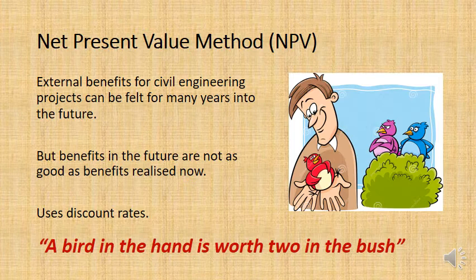Or I say, I will give you $11 in 2 years' time. Well, what are you going to choose? Will you choose $10 right now or $11 in 2 years' time?